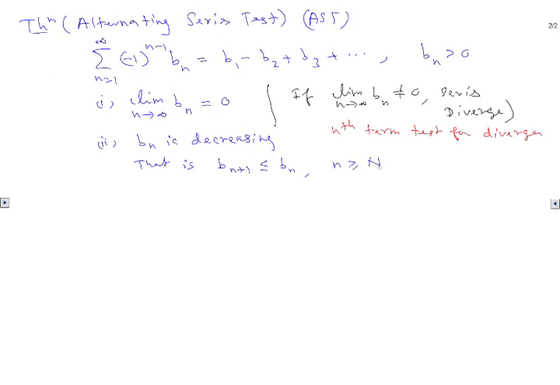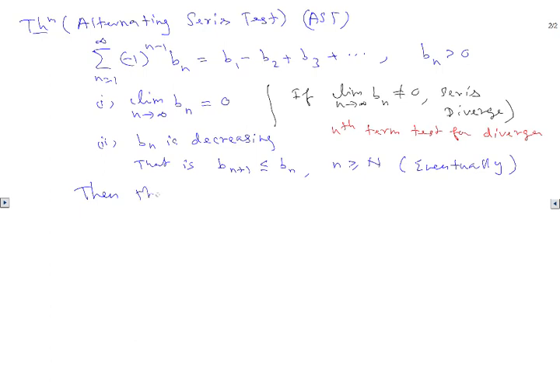We don't need that at the beginning; it only has to hold eventually. At the beginning we don't worry about what happens, but after some n everything decreases. If those two conditions are satisfied, that is, the limit of bn equals 0 and bn is decreasing, then the series converges.